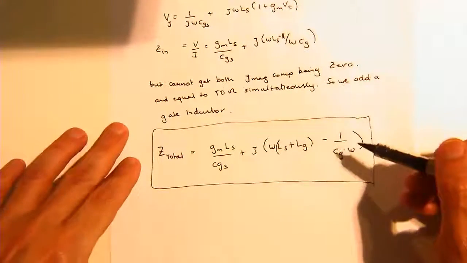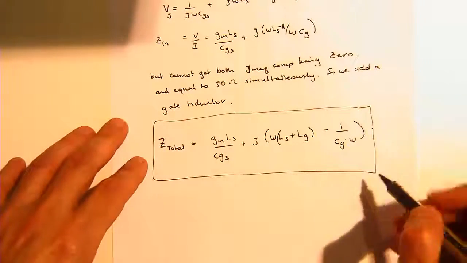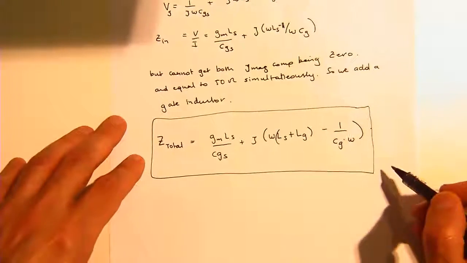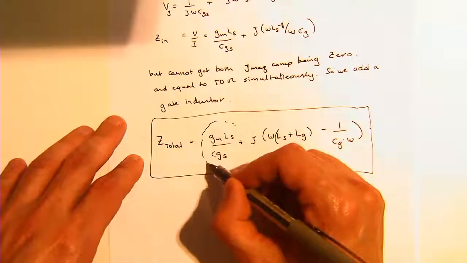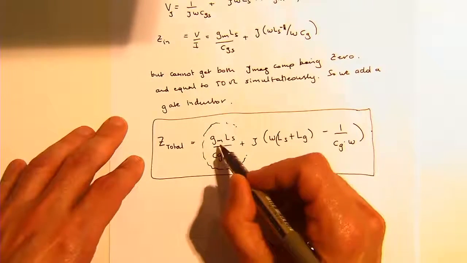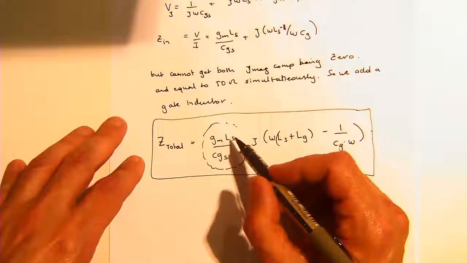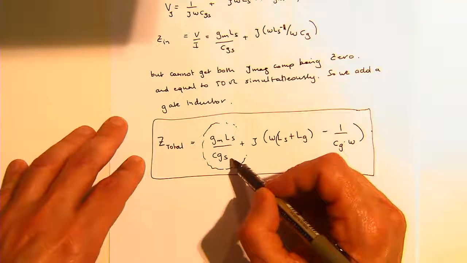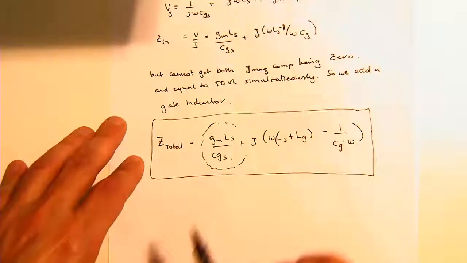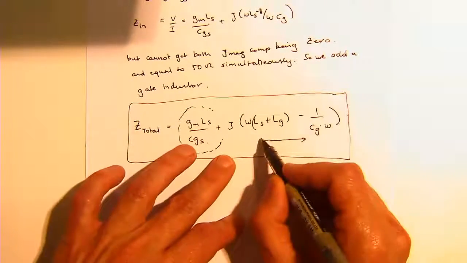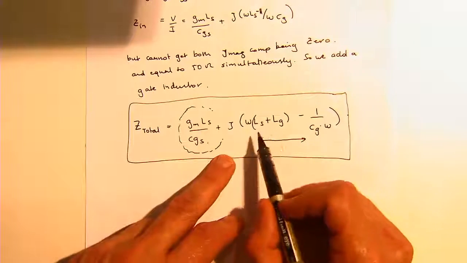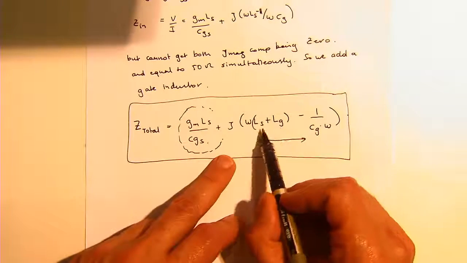Once you do that, what you've actually got is that the total input impedance is a real part, which depends on the transconductance and the ratio of the source to the gate capacitance, plus an imaginary part which depends on the source and gate inductance, which we've added in this particular case.